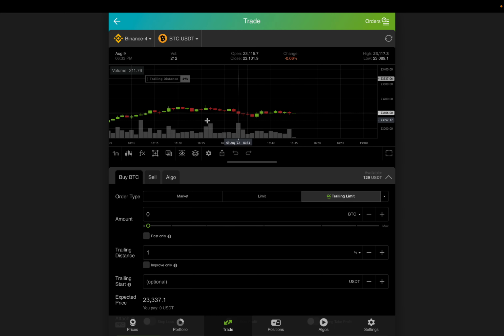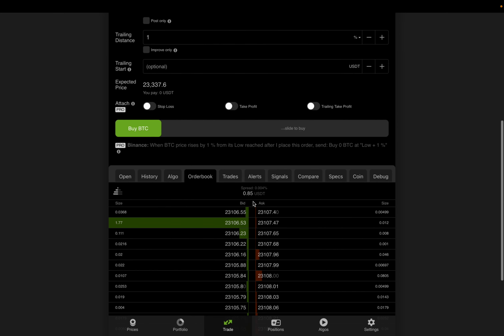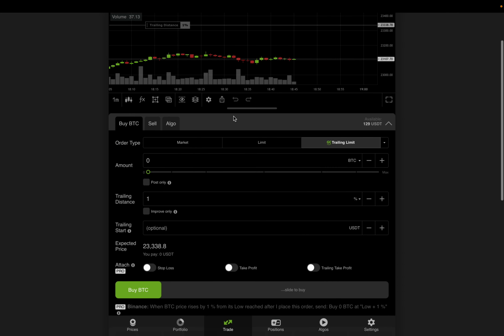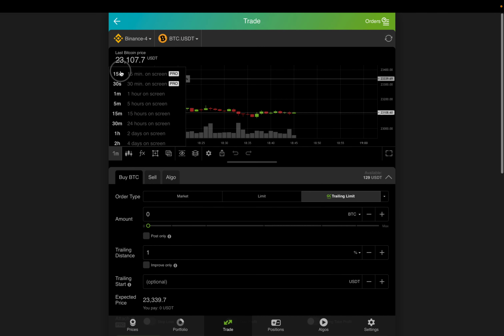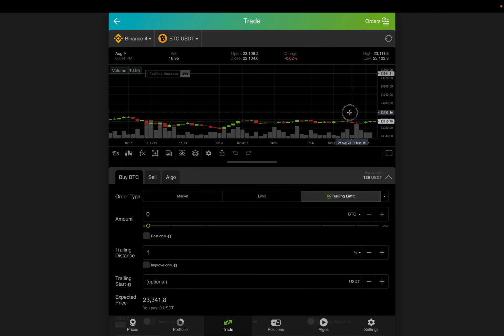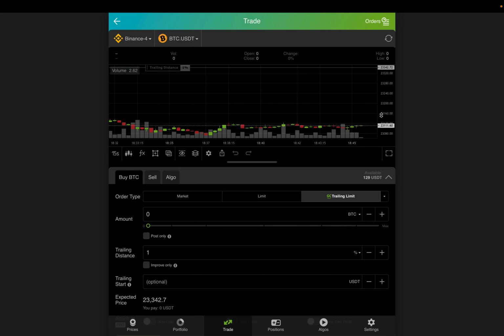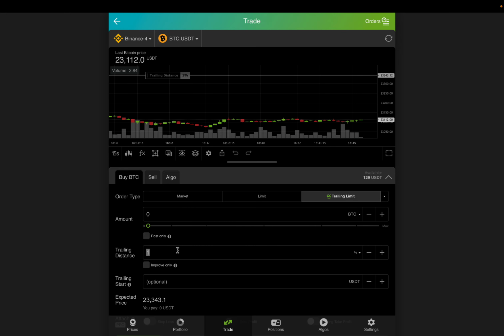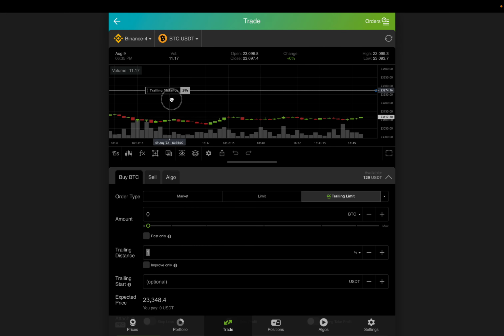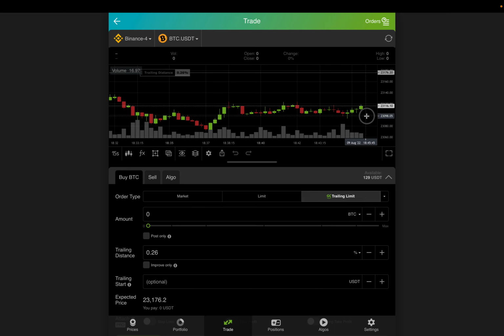Basically, how should you think of it when you want to use one or the other? If you're trading a liquid pair on a liquid exchange, for example, now we're looking at the BTC USDT pair on Binance exchange with a liquid order book. You see that even if we open the 15 seconds candles, a lot is happening. So it's liquid. Even 15 seconds candles look pretty much okay. Let me move the trailing distance closer so that it will allow us to see a better scale.